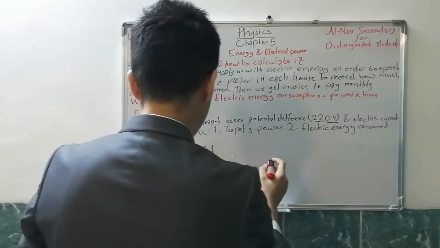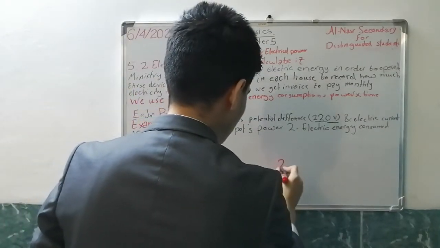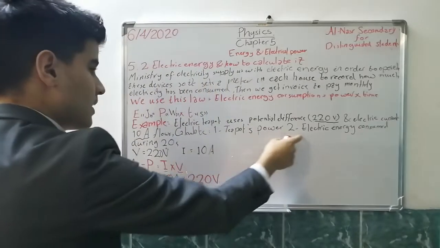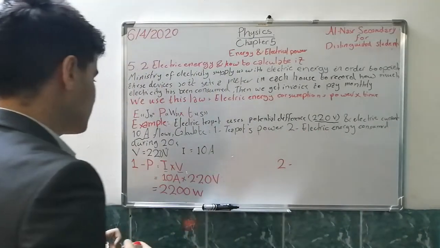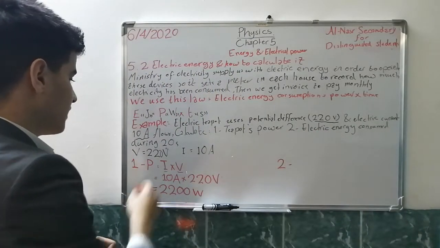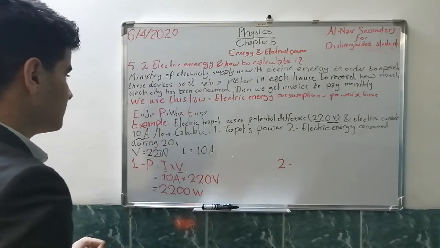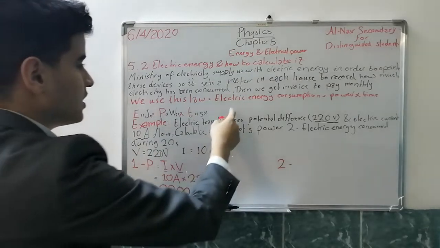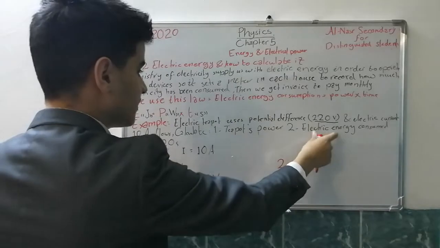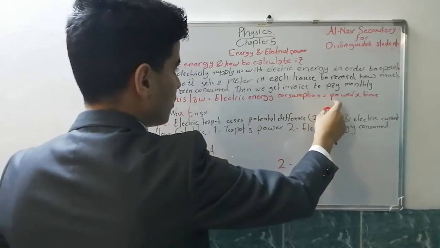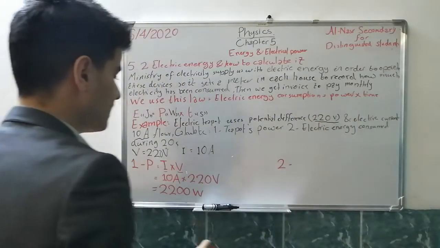Now we get requirement 2: electric energy consumed during 20 seconds. We search for this law: electric energy consumption equals power multiplied by time.